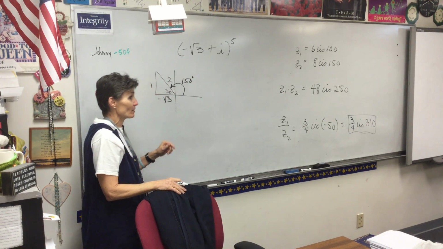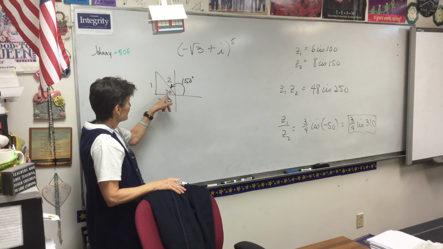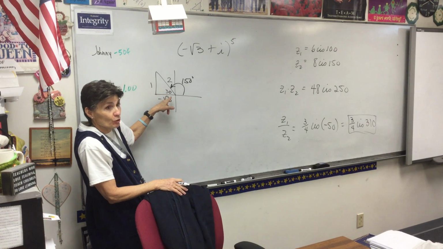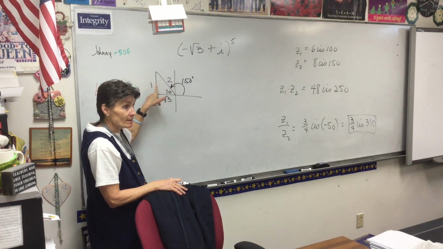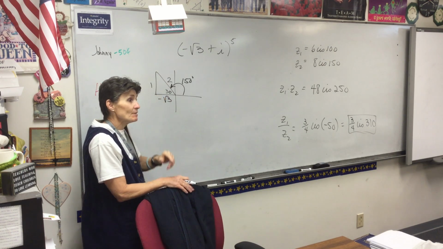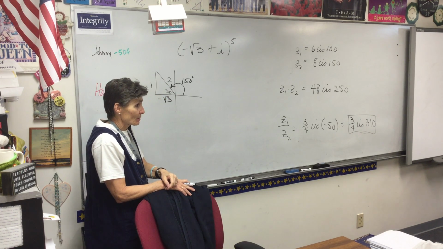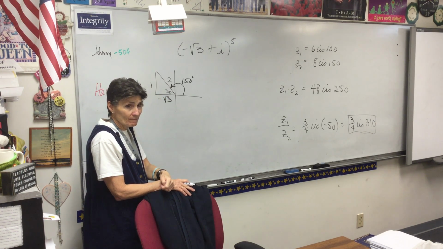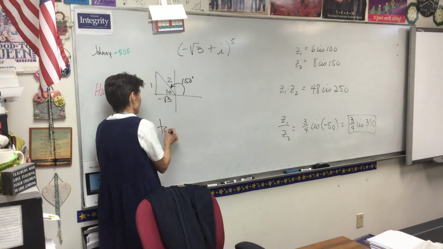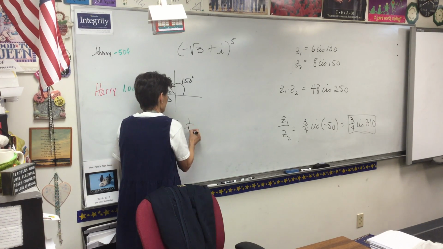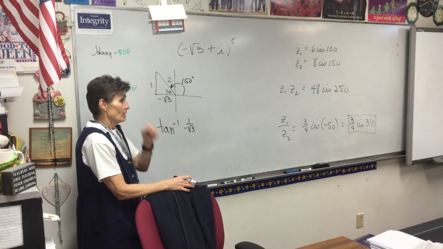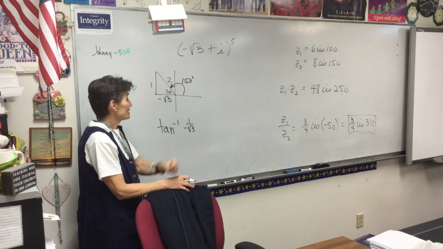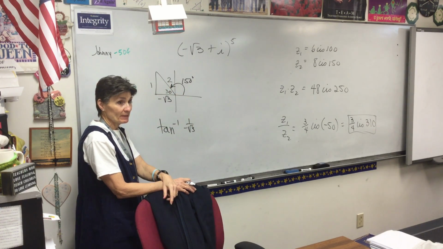You're exactly right, Ferris. Now, I could tell this was 30 because I recognize these numbers, right? But if I didn't recognize that, how would I find that angle? Second tangent, right? So when you second tangent that, you're going to get 30. Everybody get why Ferris said it's 150?